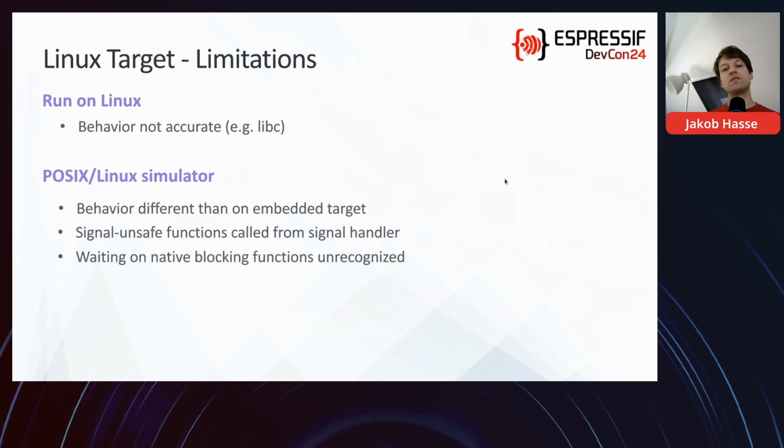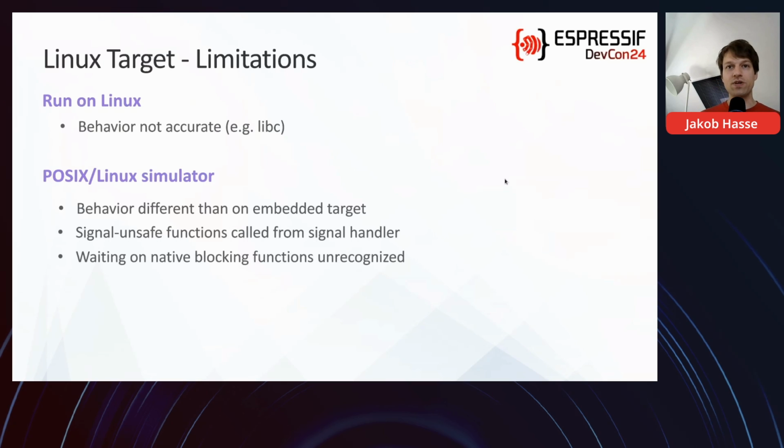Another issue is that simulated FreeRTOS tasks can also block, of course, on native Linux functions, such as select, for example. This is a problem in particular if you have high priority tasks that are blocking, because the blocking is not recognized by the FreeRTOS simulator or by the Linux simulator.